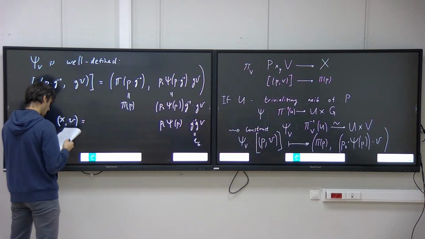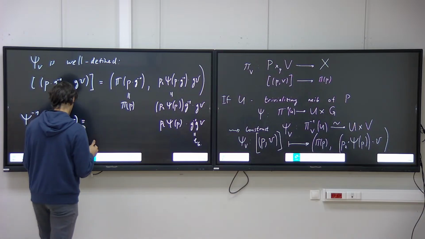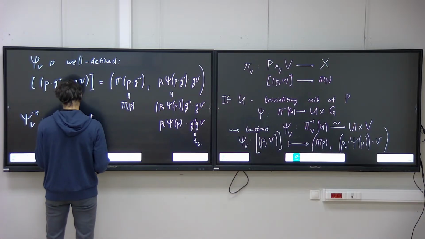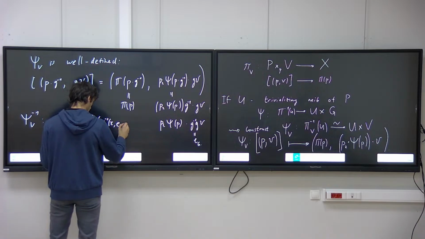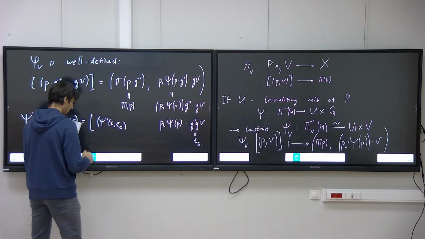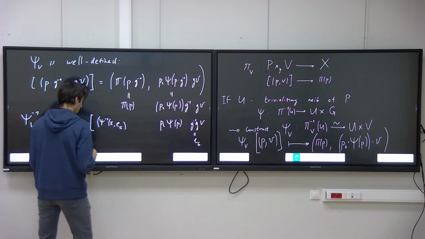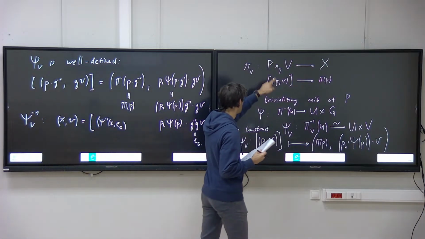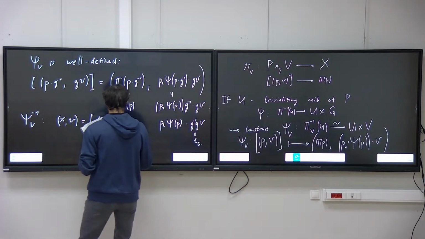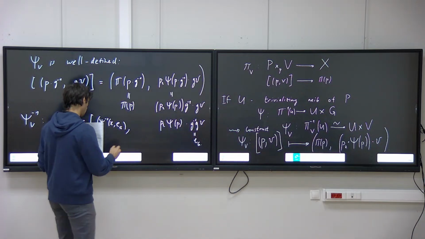Well, I'm just giving you the answer. This will be the class with a representative written like this: psi inverse of (x, e), the element of P which lives in here, comma v.